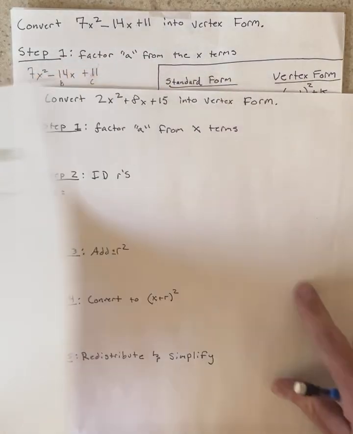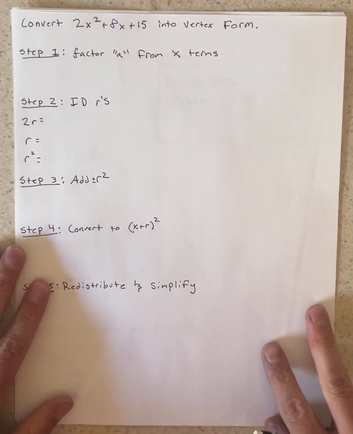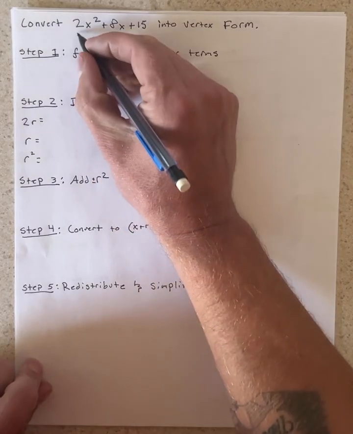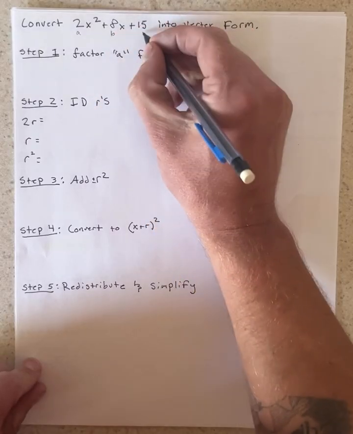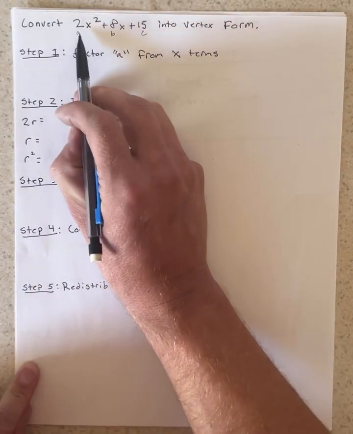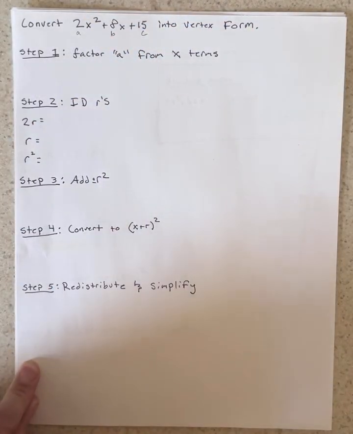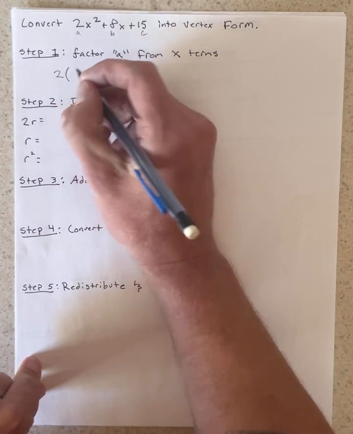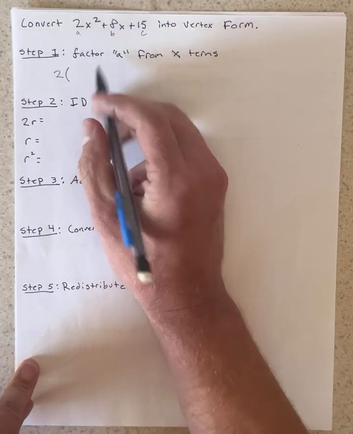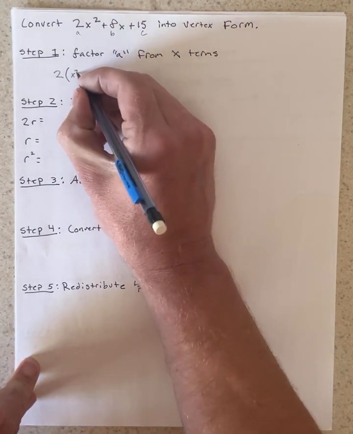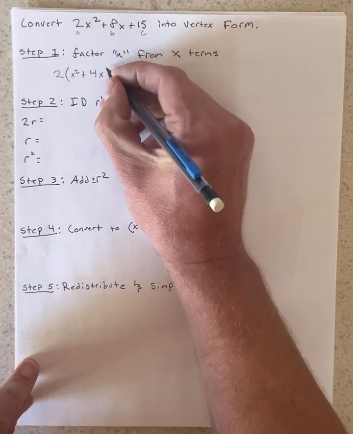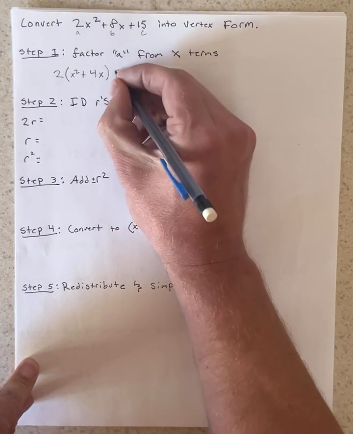All right, so now that I'm here, the first step I need to do is factor out the a from the a terms. Right here, this is my a, b, and c. This 2 is my a term, which I'm going to factor out from my 2x terms. So I'm going to write out a 2 parentheses, and I'm dividing by 2 from each of these terms, which gives me x squared plus 4x, close parentheses, and the 15 is going to come down.